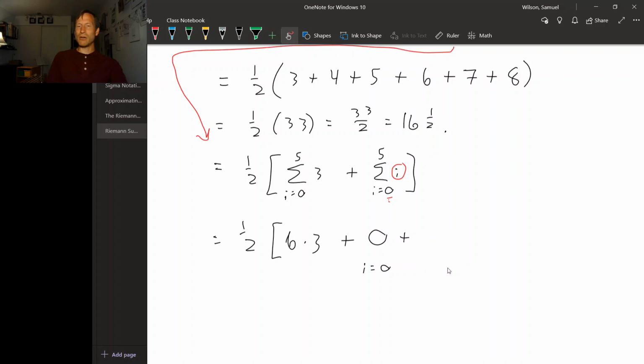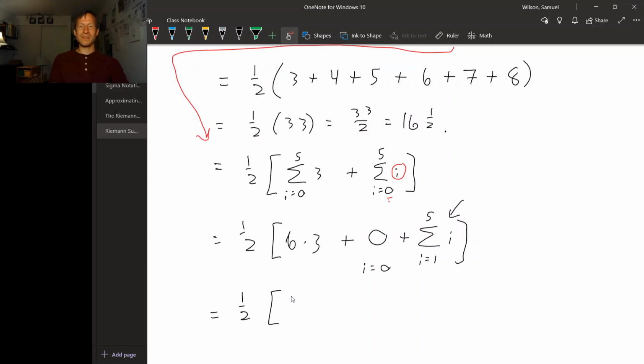And then let's write out all the rest of the terms. But rather than writing out the rest of the terms separately, we can actually bunch them all together. The rest of the terms are the terms from I equals 1 up to 5. And we're summing I. And this last term here, that is exactly what we have a formula for. So now we can use our formula. You see, this extra I equals 0 term actually just gave us 0 in this case. It doesn't always, but in this case it did.